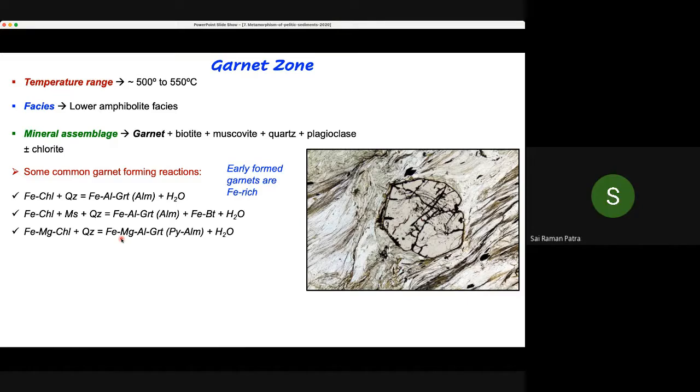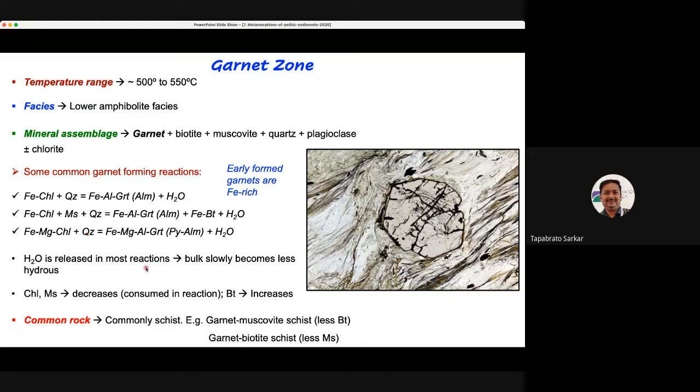Yes, sir, Fe3Al2(SiO4)3. Okay. So basically, this is iron aluminum bearing garnet, and pyrope is magnesium aluminum bearing garnet. A solid solution between them we call a pyrope-almandine garnet, where Fe, Mg, and Al are present.